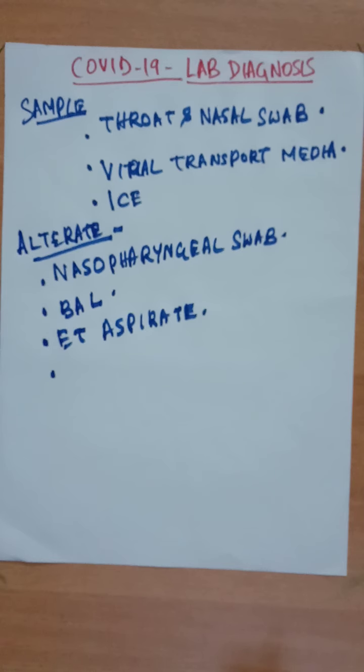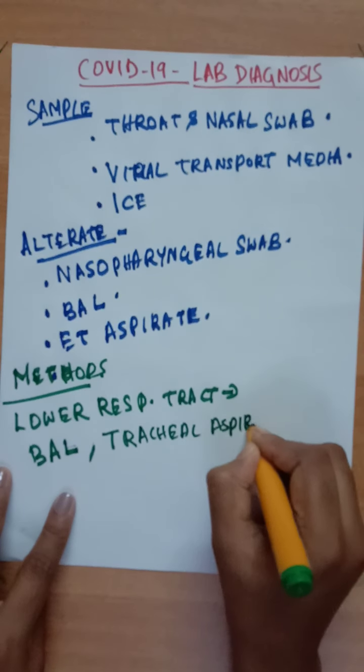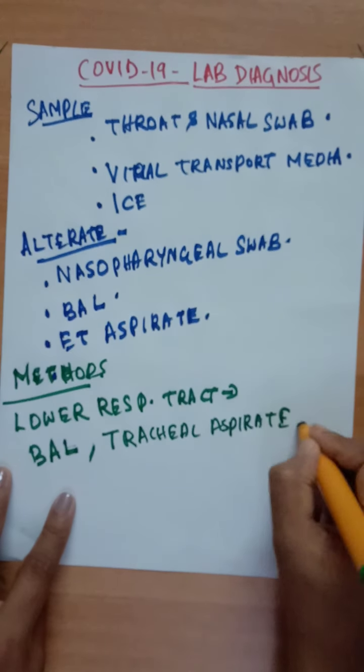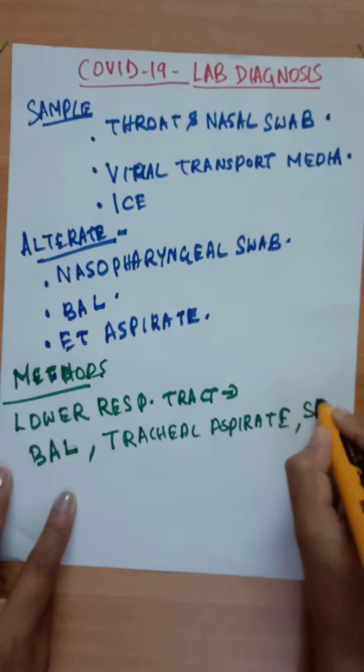First we will look at the lower respiratory tract collection. First, bronchoalveolar lavage, or as told earlier, tracheal aspirate, endotracheal aspirate, or we can take sputum.